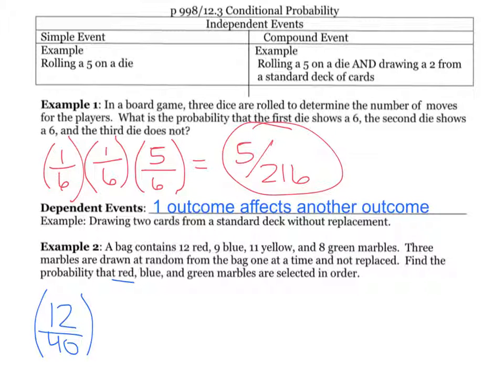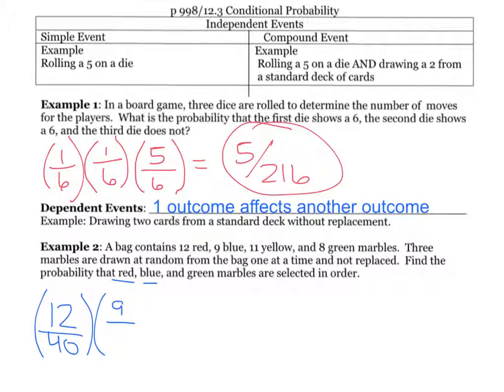Now we have to think of the probability that a blue is going to get drawn. In this case, there's 9 blue. No blues have been taken out yet, so we know for sure that there's 9 chances that it could be blue. Now, here's where it's a little bit tricky. Originally, we started off with 40 marbles, but we took one out already. We took a red one out, and so there's 1 less marble.